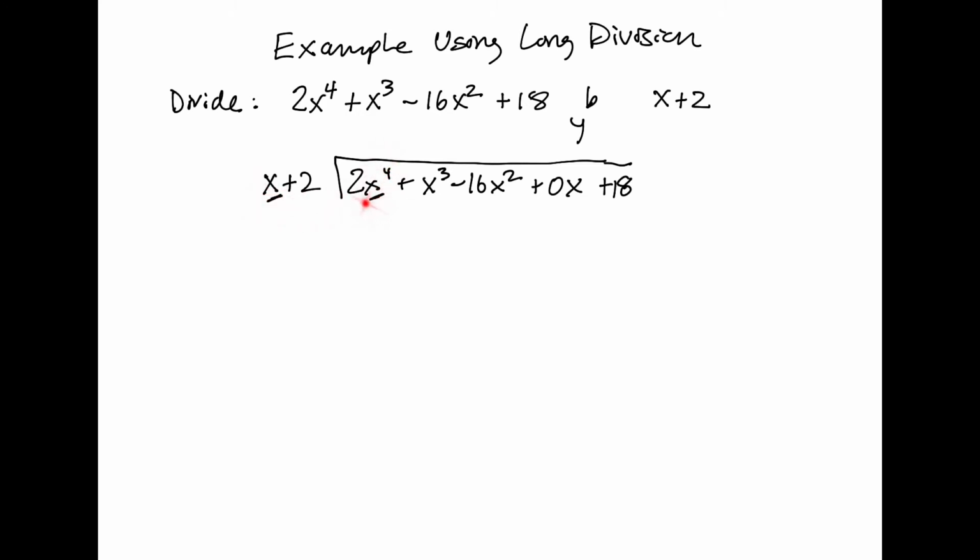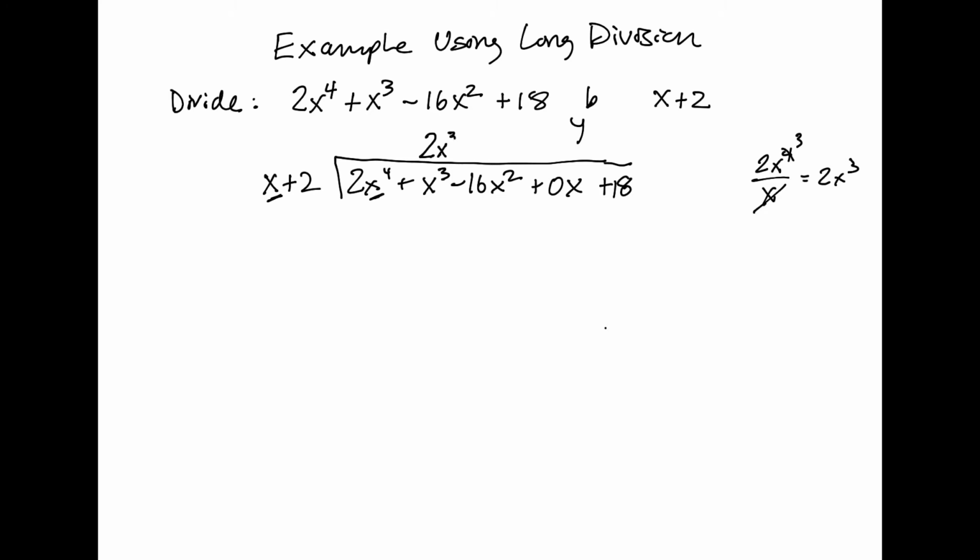So I need to multiply by 3 more x's to get that. You can also look at it as a division. 2x to the fourth divided by x, and we see this would cancel, leaving me with 2x cubed. That's what I have to multiply x by in order to get 2x to the fourth.